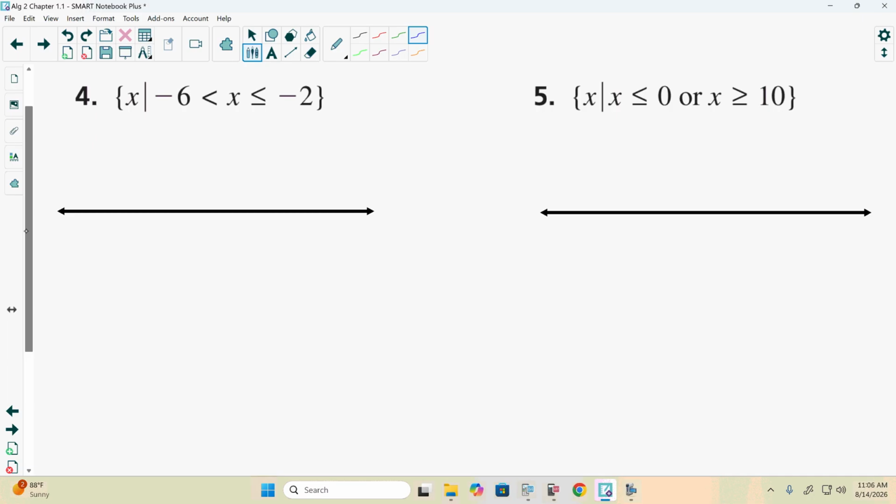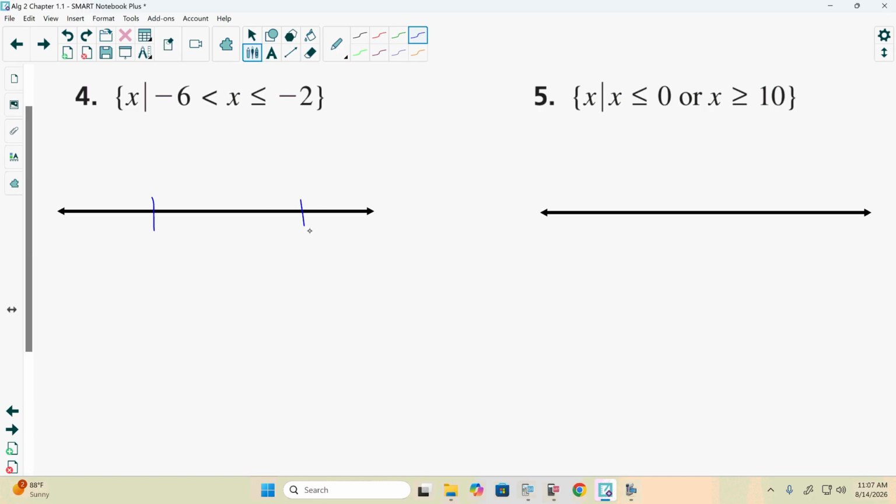For all real numbers x such that -6 is less than x is less than or equal to -2. Now, especially on the homework, I gave us a number line here. You're not going to get one when you have to graph these, but the first thing you're going to do is draw a number line. Now, this is bounded, yes? So what are our 2 endpoints?